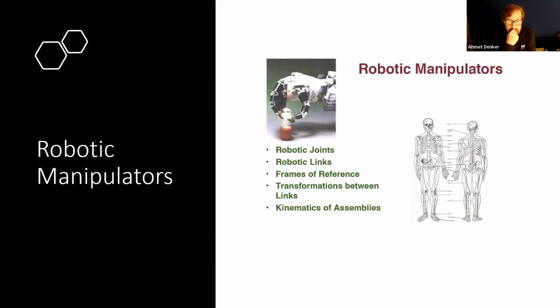Now, we said that mathematics is an important part, one of the three ingredients of engineering language. Now, here comes frames of reference. Frames of reference is important because we define everything in engineering with respect to a reference.